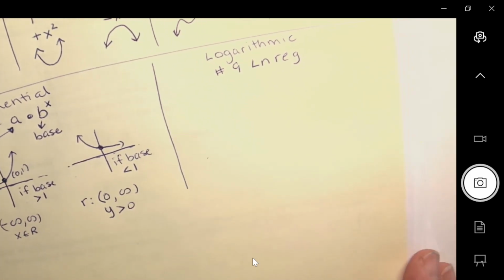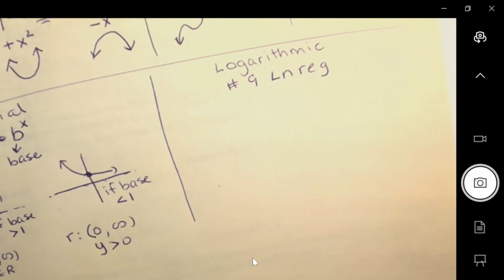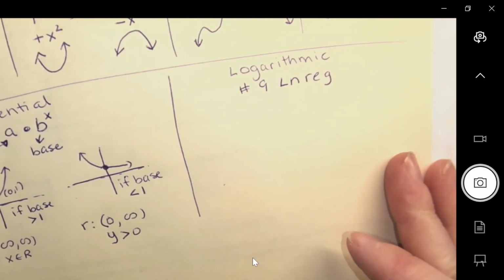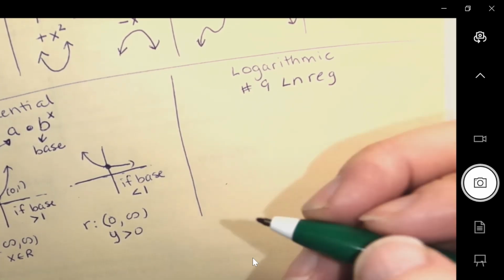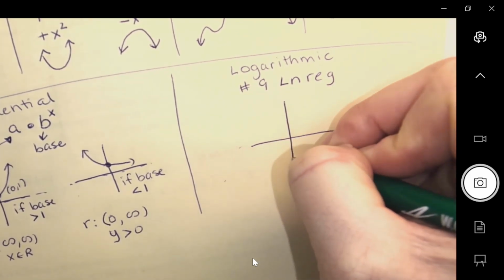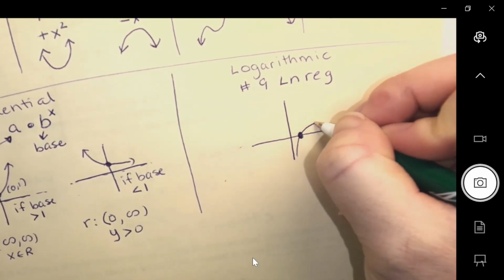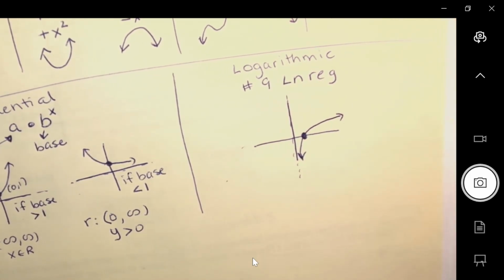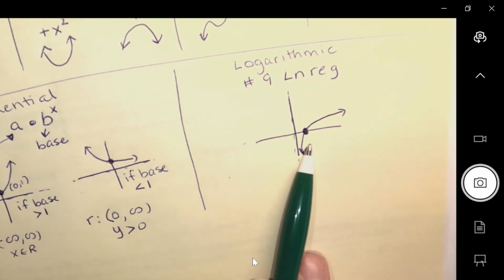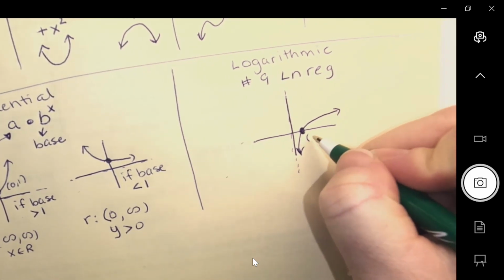Okay, then we had logarithmic, or in your calculator it only did the ln, the natural log. So the general shape of that would be the general shape of a logarithmic pattern. So do you remember what the properties were of a log versus an exponential? So this is the point 0, 1. This is the point 1, 0.